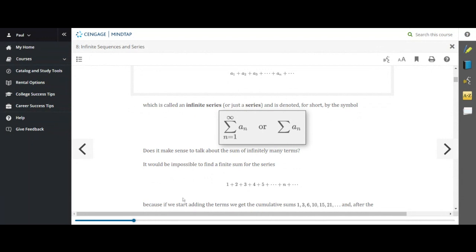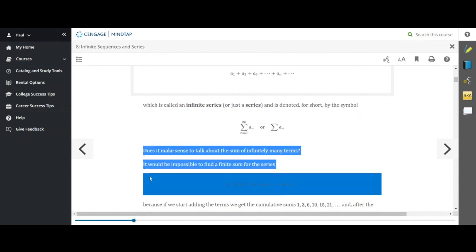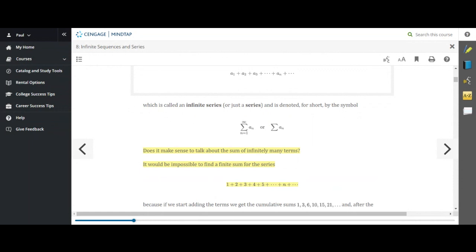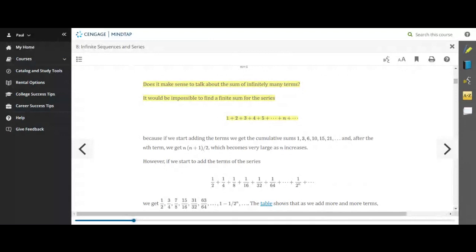Does it make sense to talk about the sum of infinitely many terms?